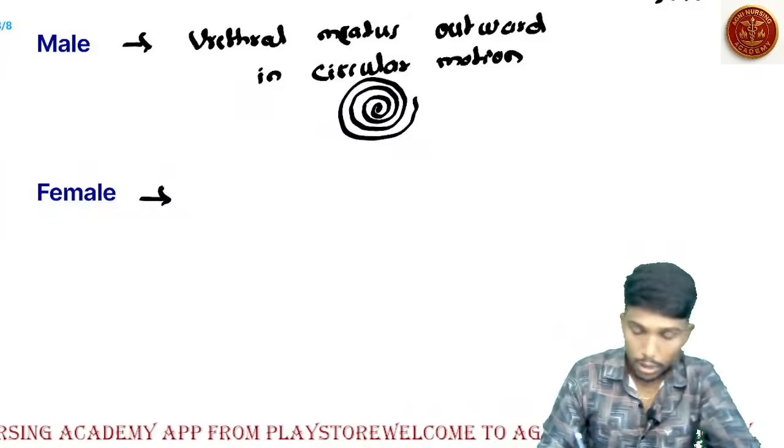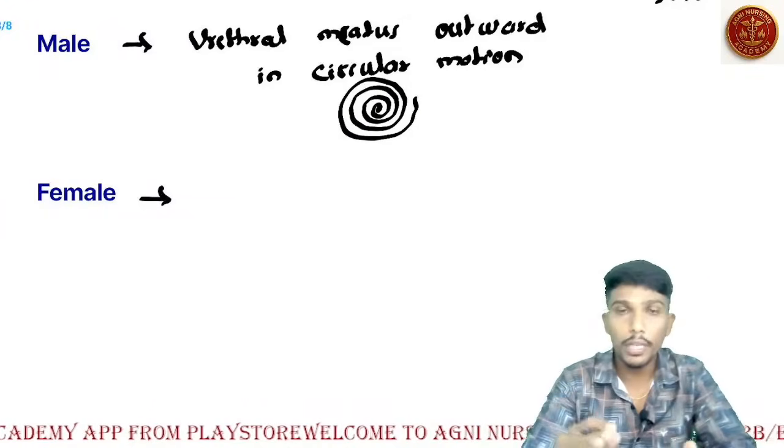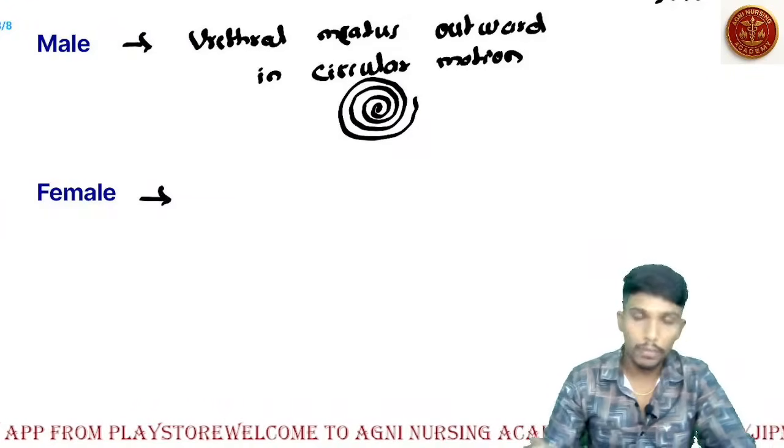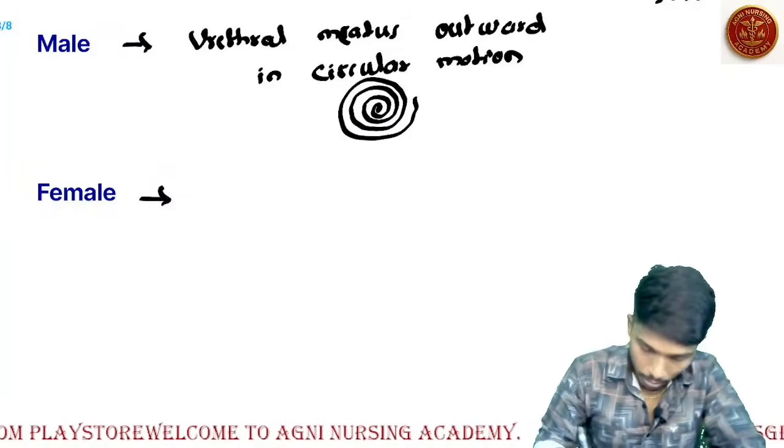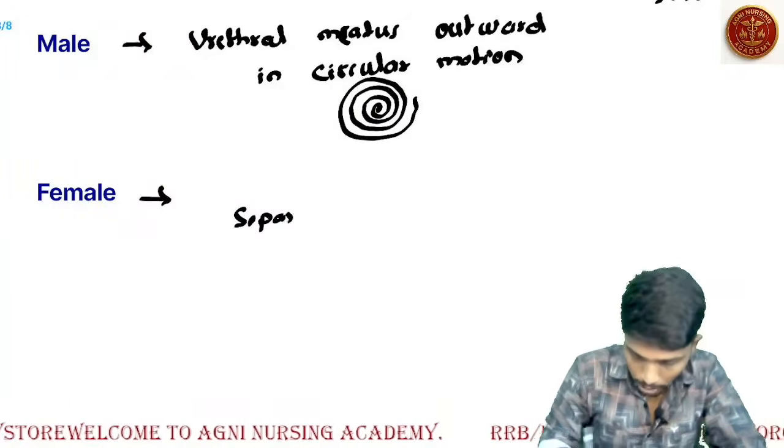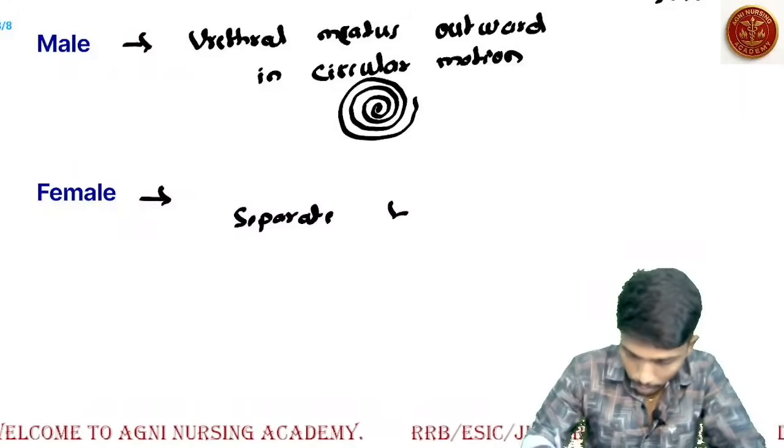First we have to separate the labia majora and labia minora with the non-dominant hand.